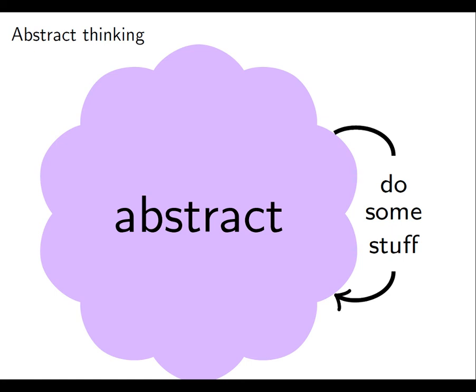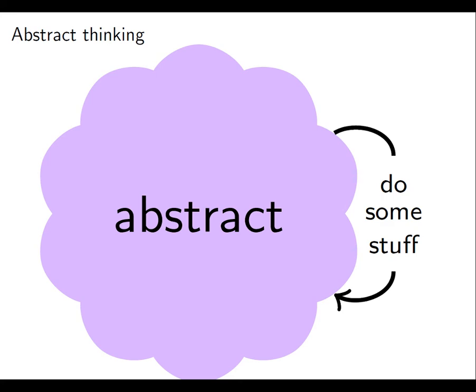Now, of course, this is important to us in software engineering as well, because generally speaking, that was the point of making the abstraction. It was in order to be able to do some stuff in the abstract domain that it's not reasonable to do, for whatever reason, in the concrete domain, usually because there's just too much information in the concrete domain and we can't keep hold of it all at once.